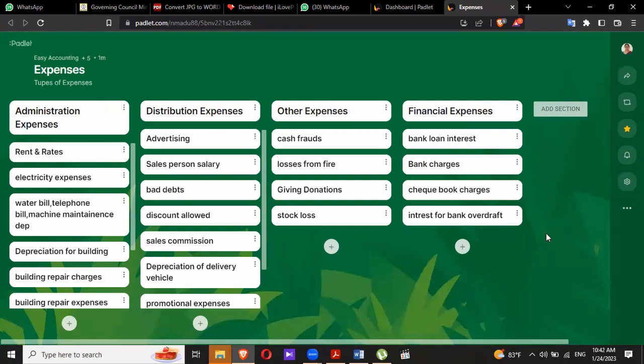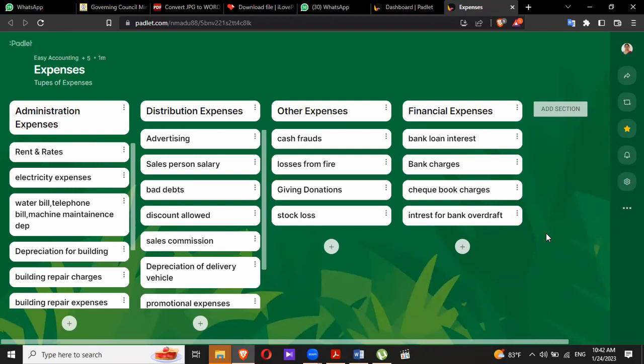For the ordinary level method, financial expenses are the expenses which are related to bank loan and bank current account. Very simple, right? Only for ordinary level method. Only expenses which are related to bank loan and bank current account comes under financial. Very simple, right?